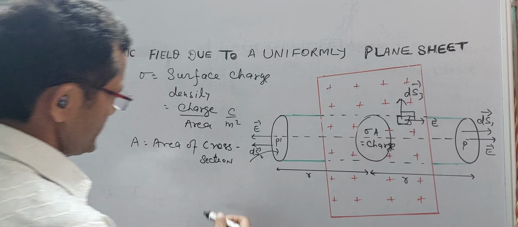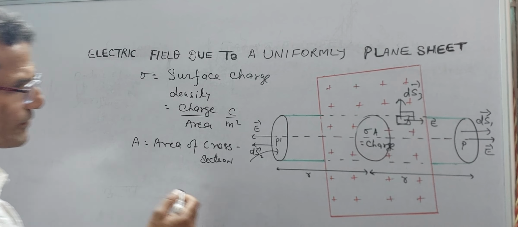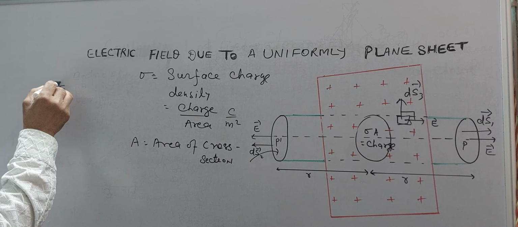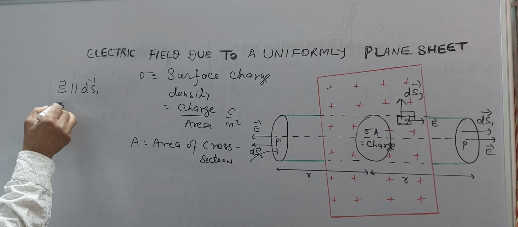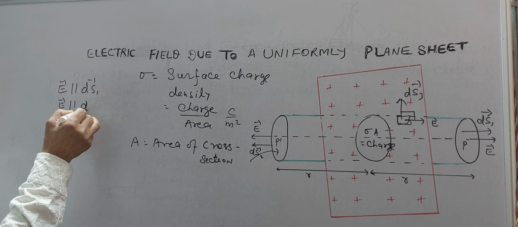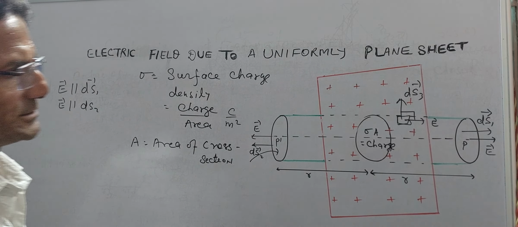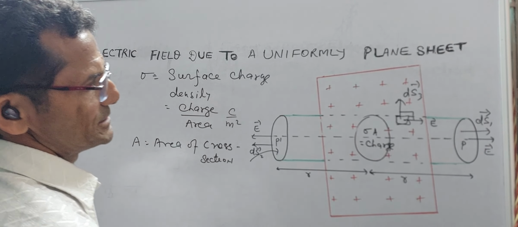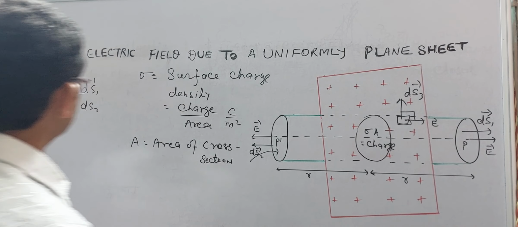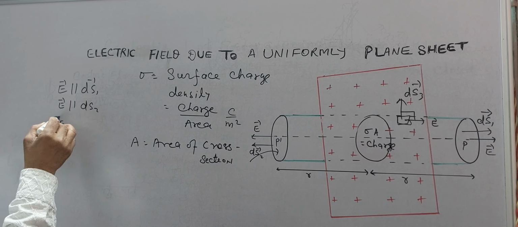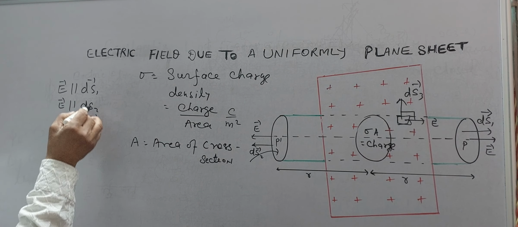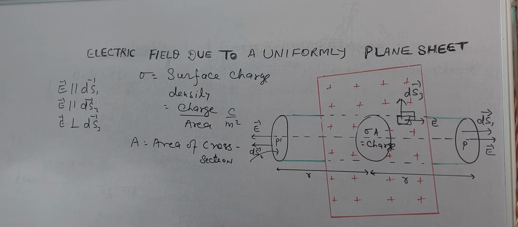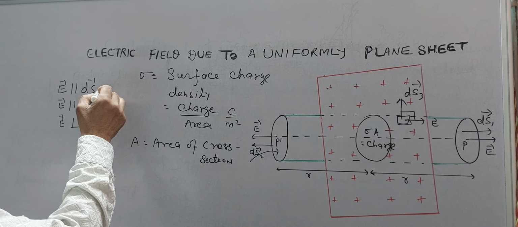So in this case, the electric field is parallel to ds1, the electric field is parallel to ds2, and the electric field is normal to the curved part. This E is perpendicular to ds3. So the electric flux will pass only through these two areas.